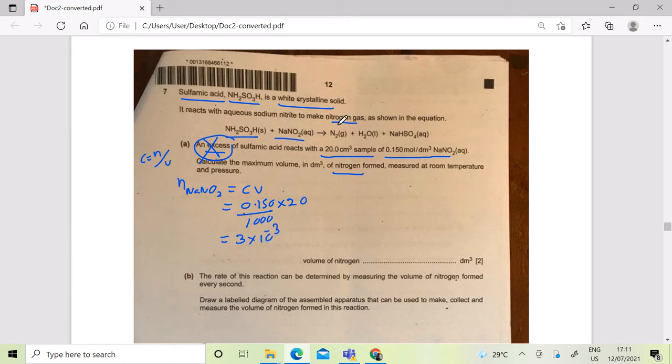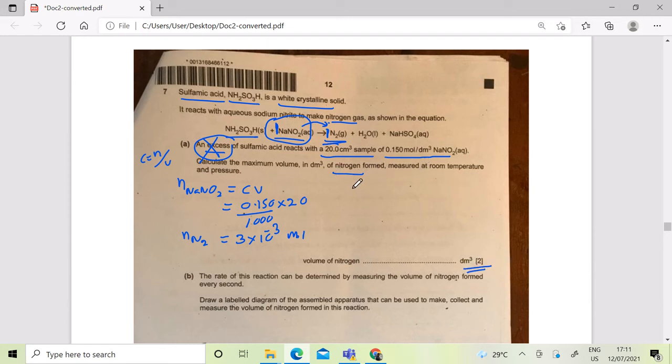Now consider the equation. In the equation, 1 mole of sodium nitrite gives you 1 mole of nitrogen as well. Therefore, if you know these moles, you know the nitrogen moles also. Question is asking for cubic decimeters. What is the volume of nitrogen formed in cubic decimeter?